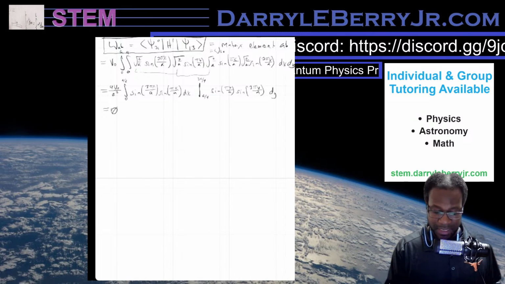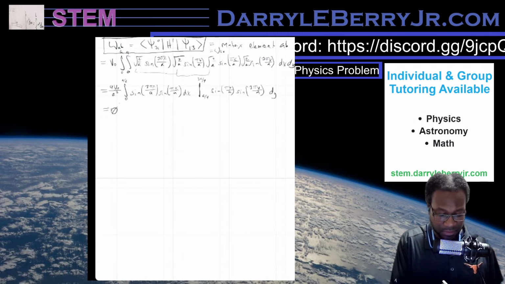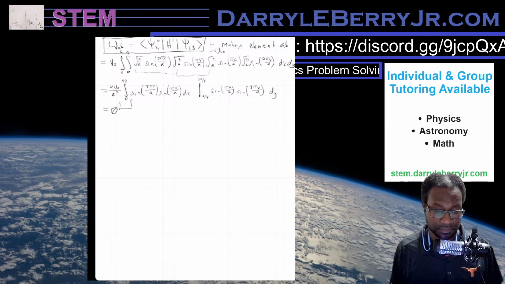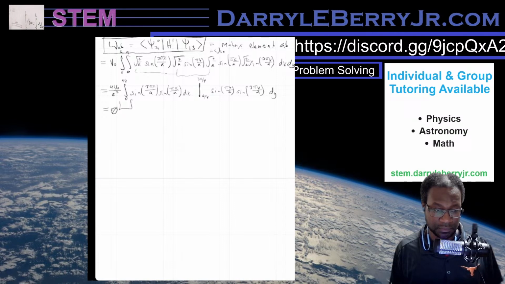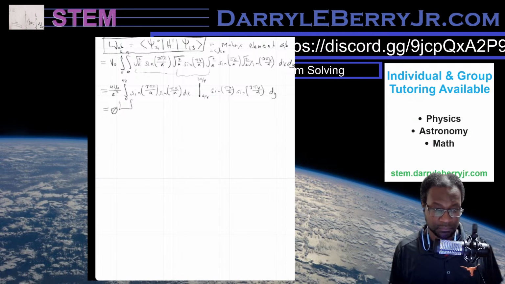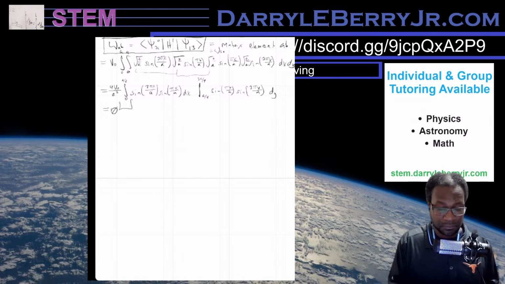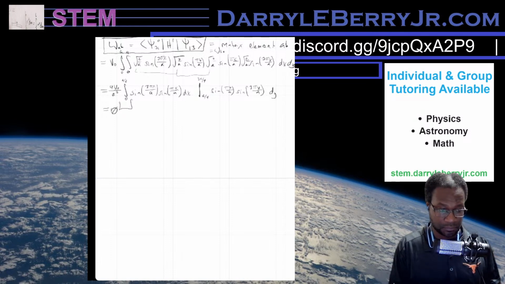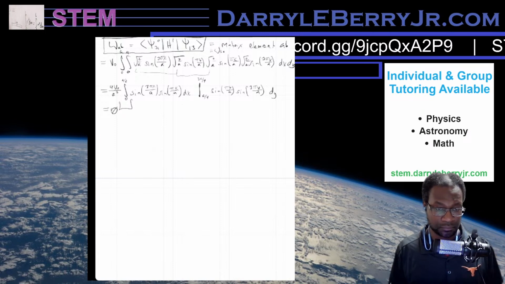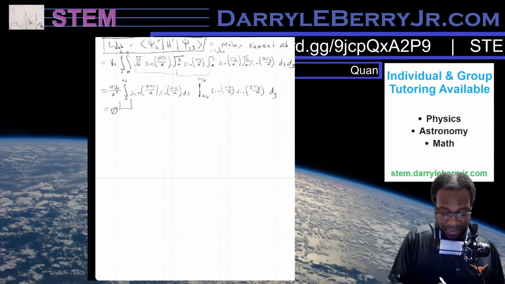Now, I forgot that the bounds are not offset. So apparently these bounds here, this is the product of some identity.